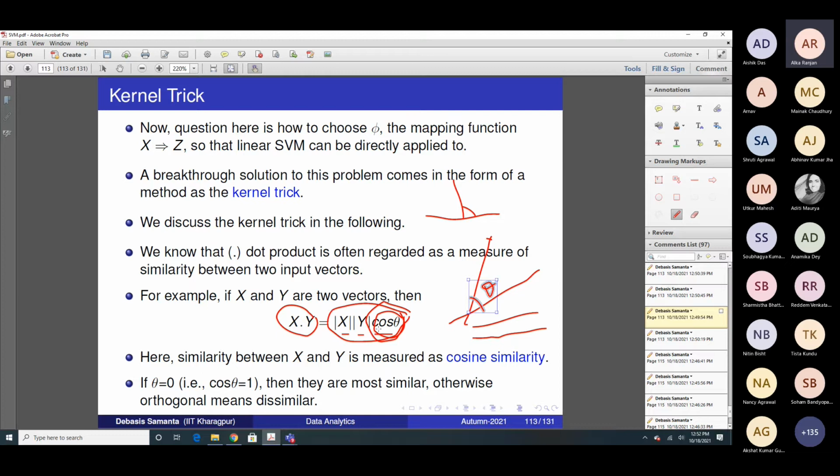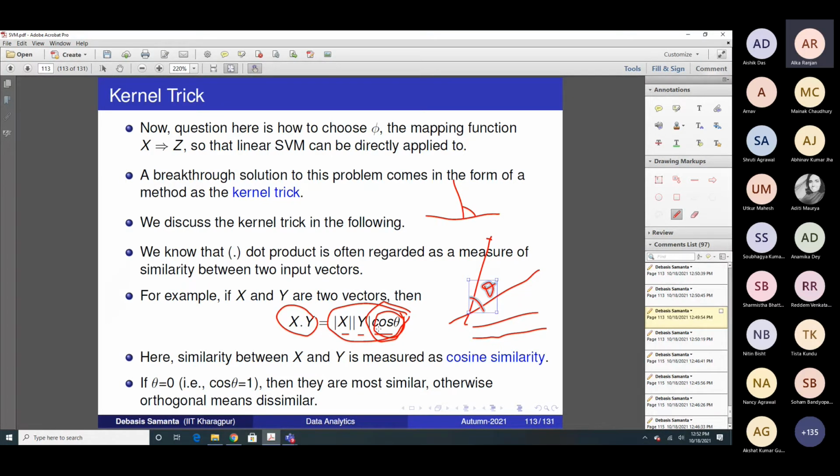And this similarity measure, if it is equivalent in terms of phi x dot phi y, then that is good, and very useful information for us. What I want to say is that if x dot y is a similarity between the two vectors x and y, then phi x dot phi y also gives you the similarity between x and y.